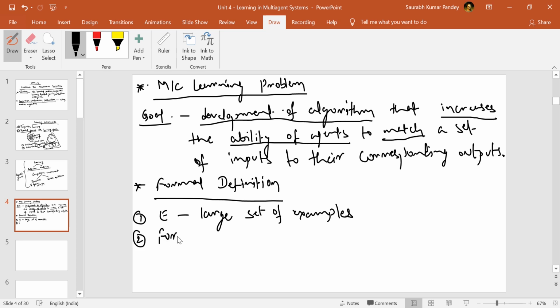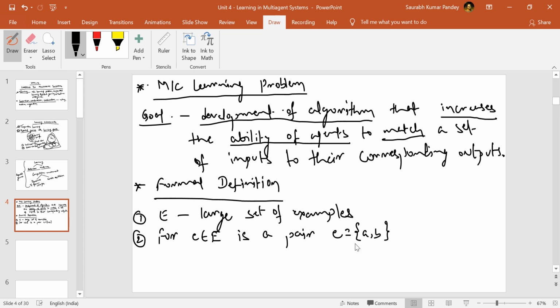So a small e that belongs to capital E means an instance of an example from the set of examples, capital E. What is e? It is a pair, wherein e can be defined in terms of two variables, a and b.